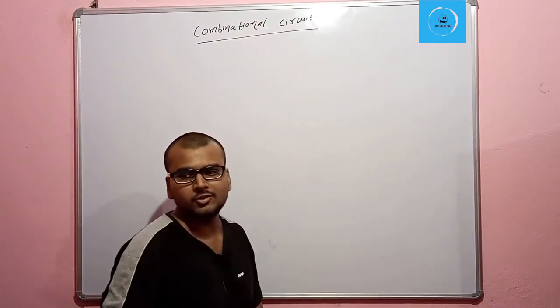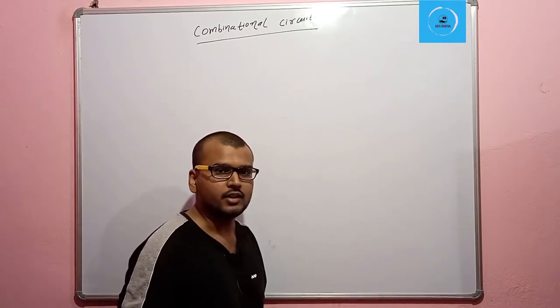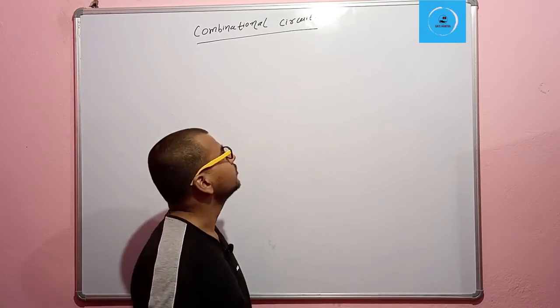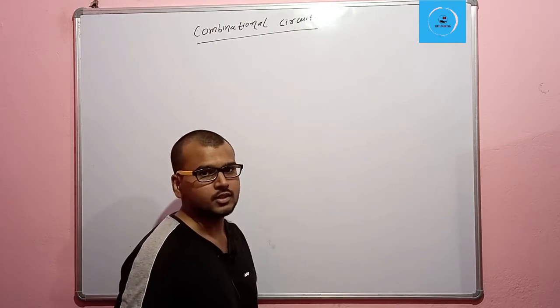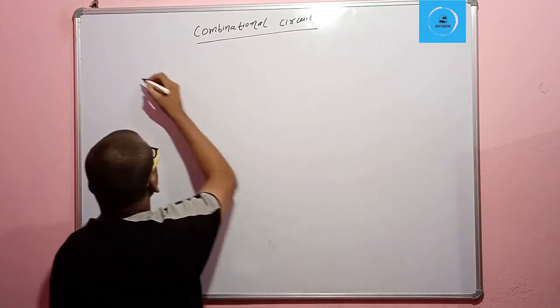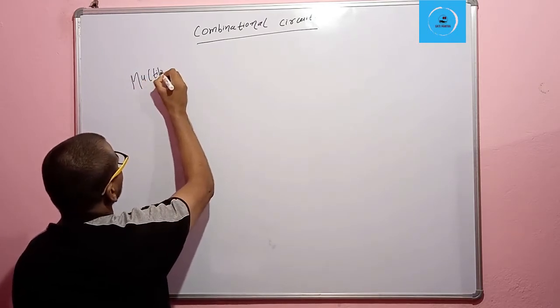We are going to first see the numerical, and then we are going to see the concepts related to that numerical. Here in the combinational circuit we are going to start with the multiplexer. We will read the multiplexer first because it is important for the exam.